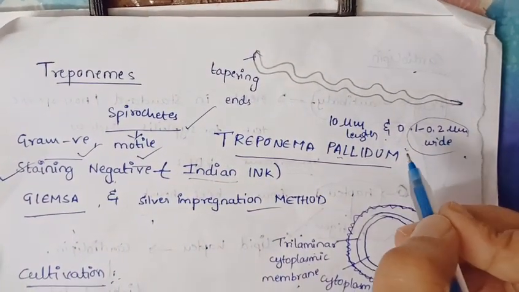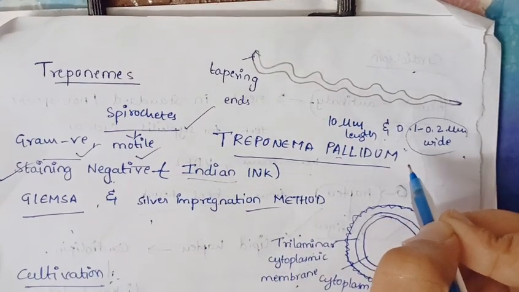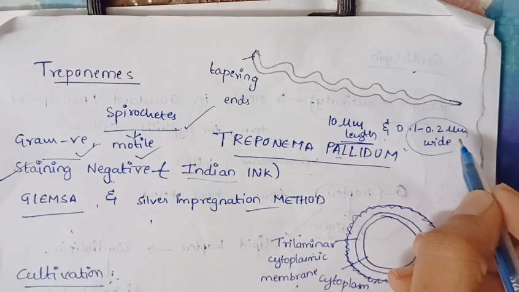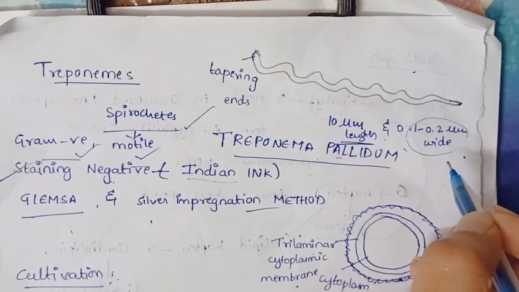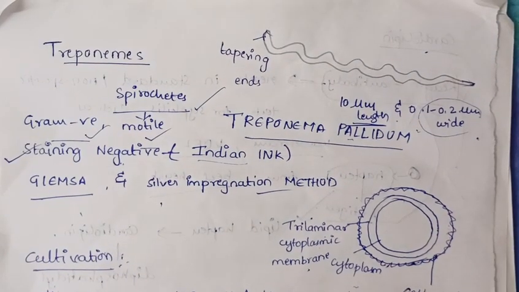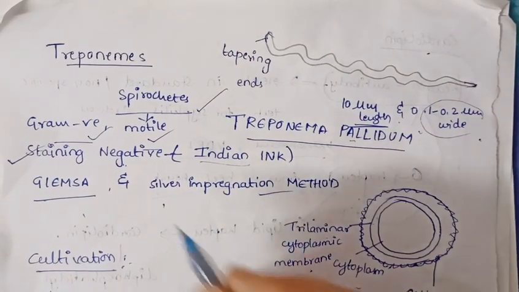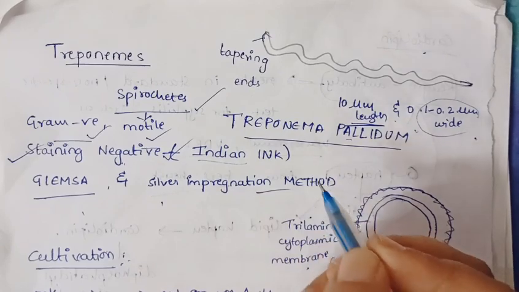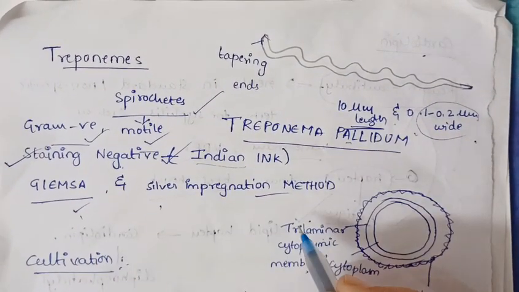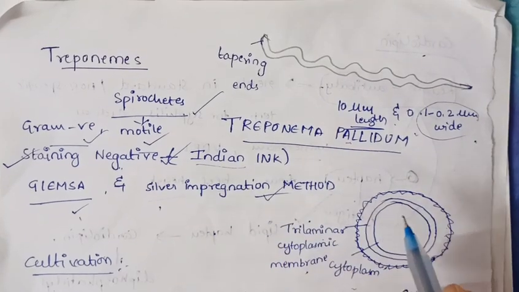The size of the treponemas usually ranges from 10 micrometers in length and 1 to 1.2 micrometers in width. Generally, these treponemas can be stained by negative staining using Indian ink, and also by Giemsa staining and silver impregnation methods.